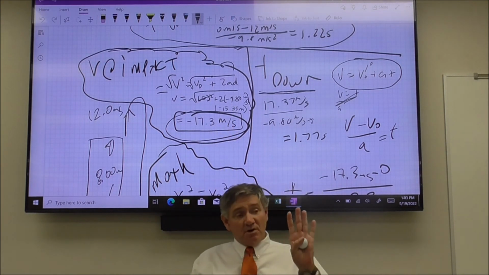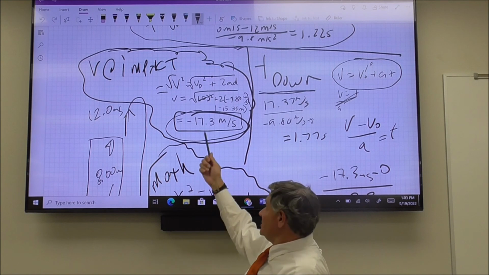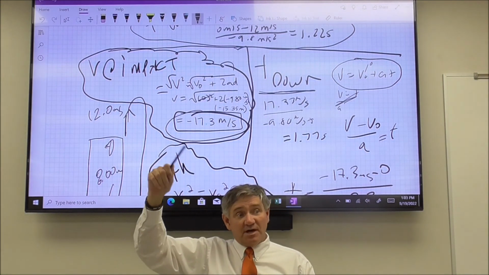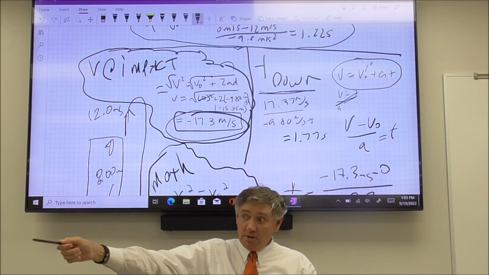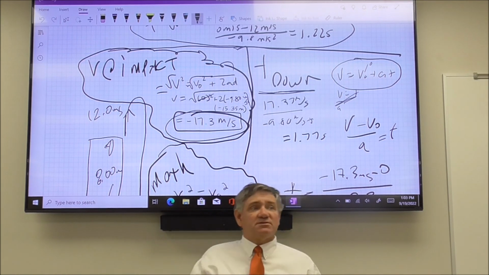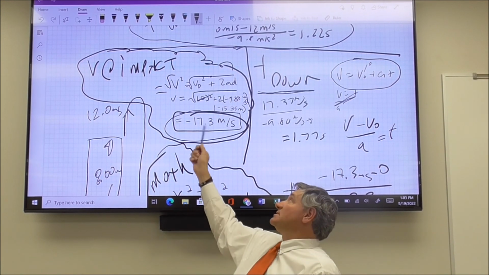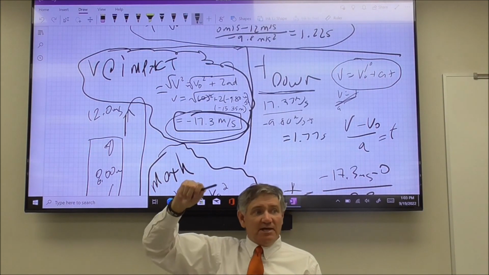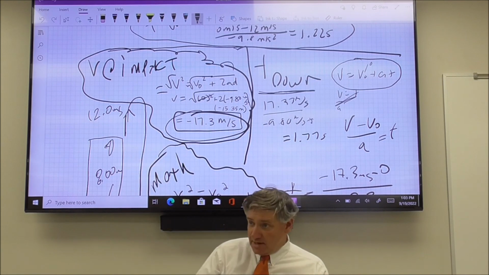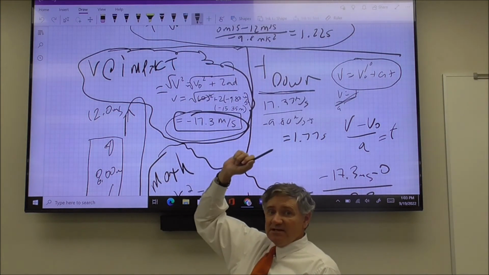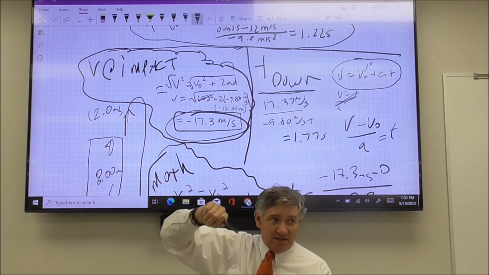Now, what was most impressive is that she chose the negative root, because your calculator is just going to tell you the velocity is 17.3. You have to realize the square root of 4 is plus or minus 2. So she had to realize, I've got to pick the negative root coming out of that answer. So the disadvantage of this is that you have to remember to choose the negative root.